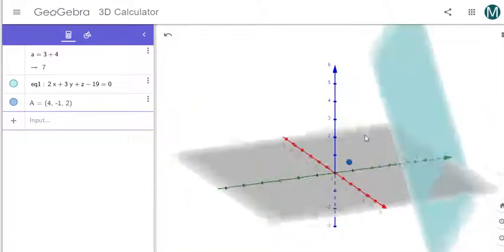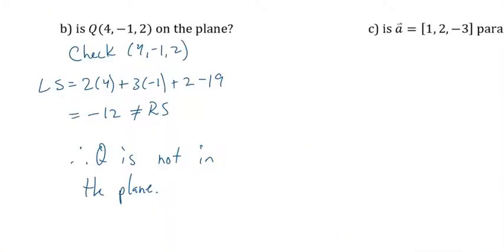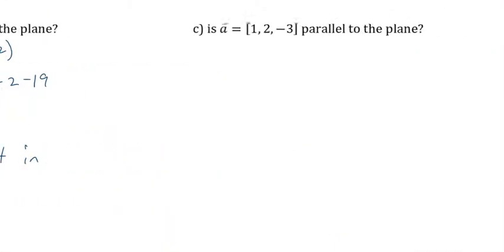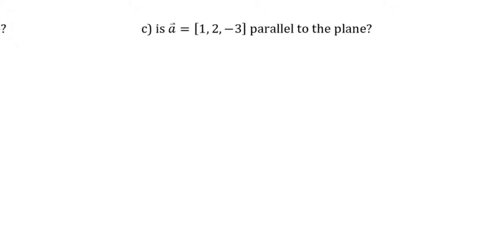Okay, what else? Is the vector A parallel to the plane? How are we going to do this? Very good. I think that's the best approach. Sometimes people think, oh, what if we get the vector equation? Because the vector equation has direction vectors parallel to the plane.